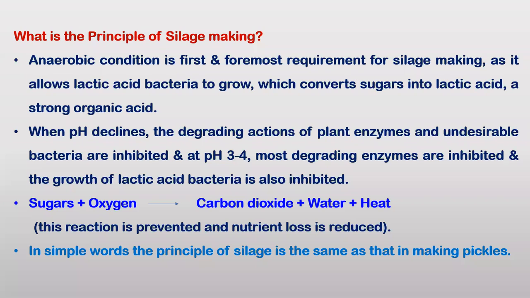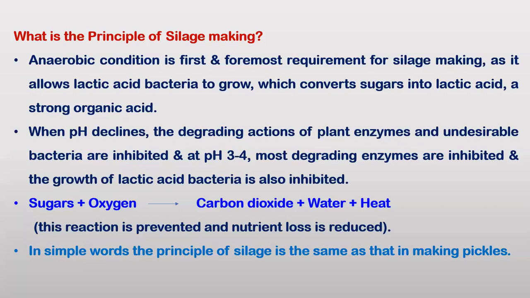So when lactic acid is produced, pH will decline. Once the pH declines, the degrading action of plant enzymes and undesirable bacteria present during silage making will be inhibited. The pH should be 3 to 4 for good quality silage.